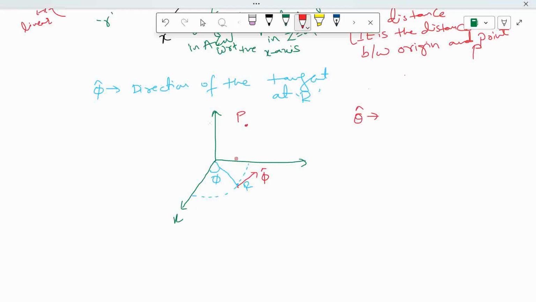But to calculate phi, we have taken the circle and just found phi cap here. So this is phi cap, which is parallel to the same thing which I mentioned here. Now r cap, if we see, is along this direction.